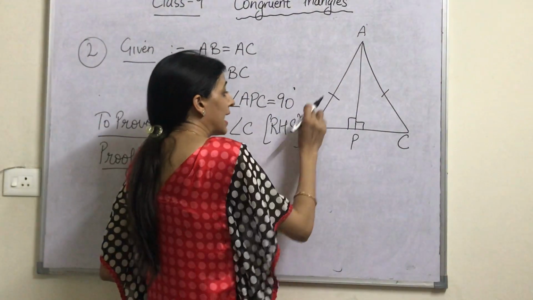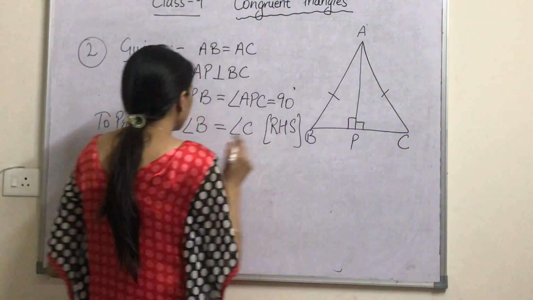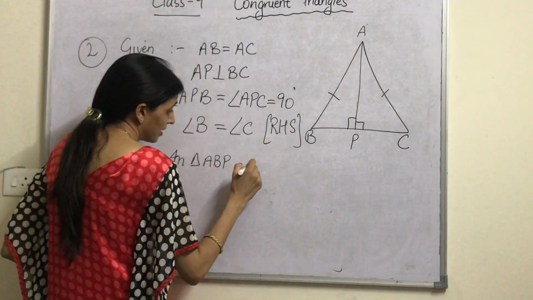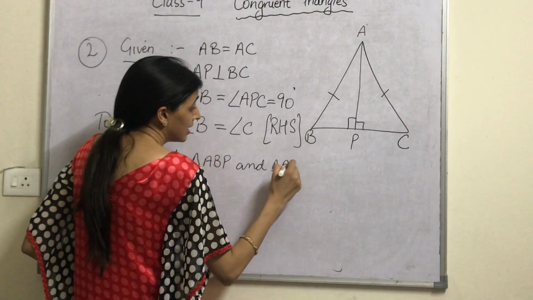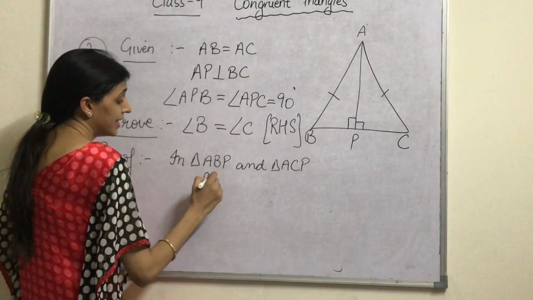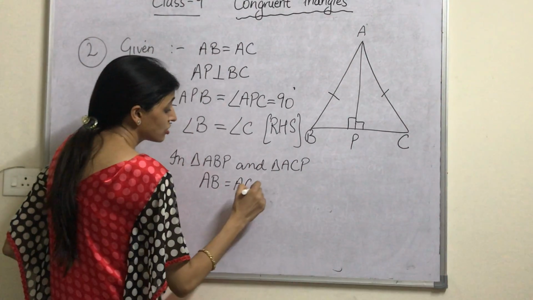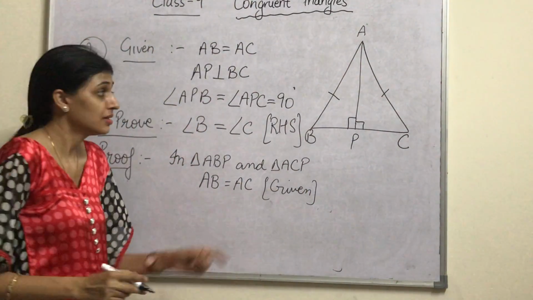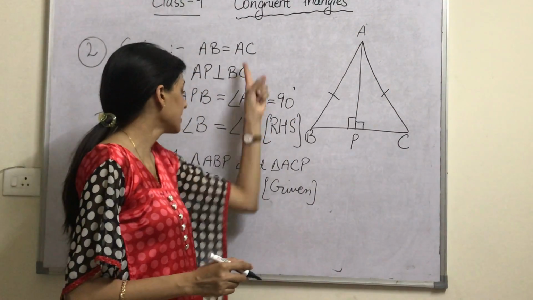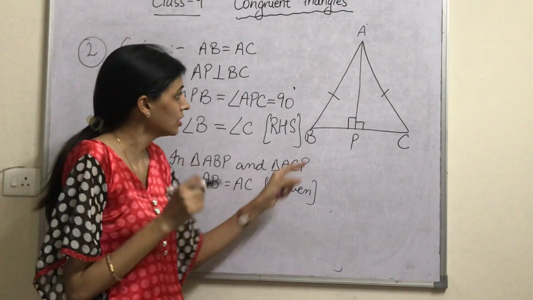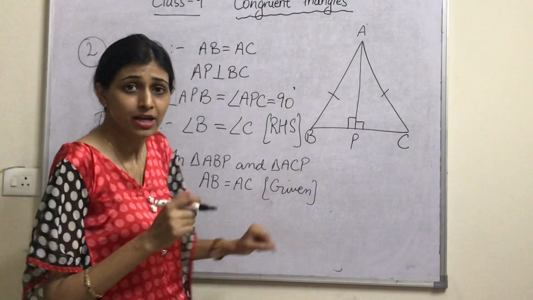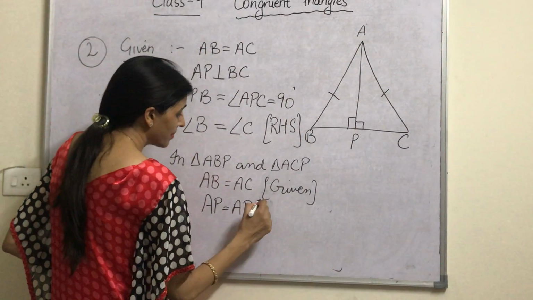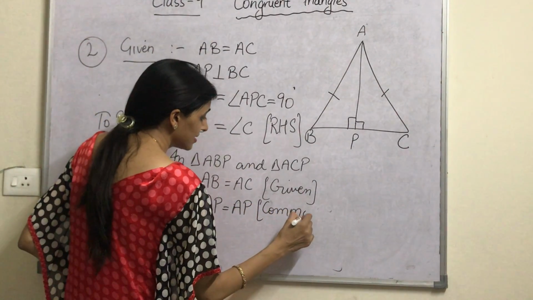In triangle ABP and triangle ACP, we know AB is equal to AC, given. In both triangles, AP is common, because it lies in both the triangles.